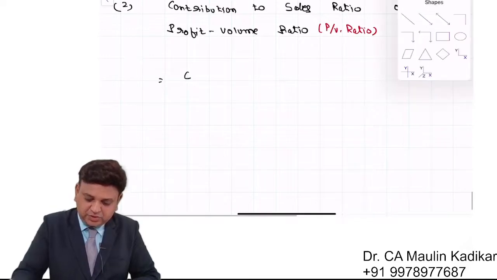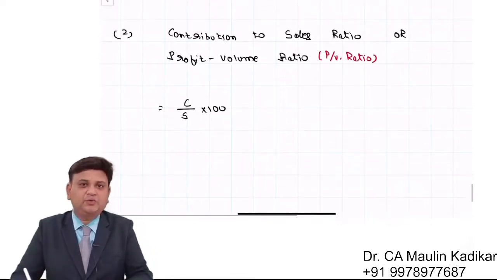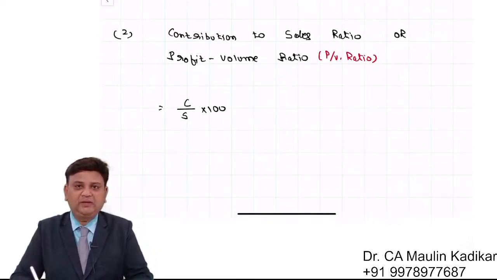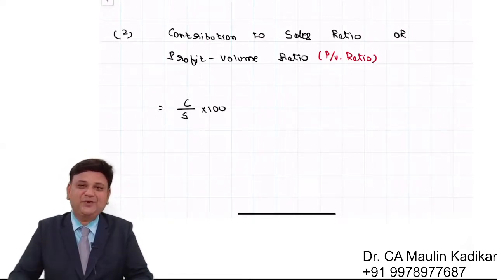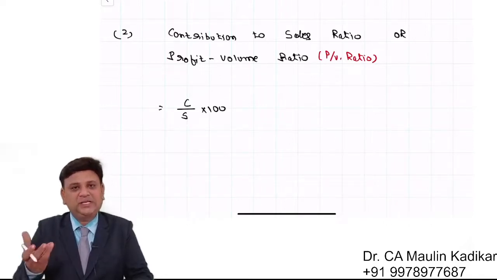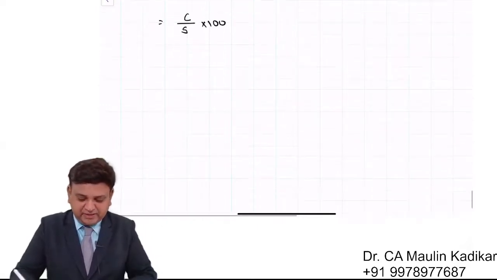So it is contribution upon sales into 100. That is the way the contribution to sales ratio is calculated. It is also given a name as profit volume ratio. Why it is given the name profit volume ratio, for that also there is a technical reason. Volume means sales only, which you will study in your very simple chapter of marginal costing.